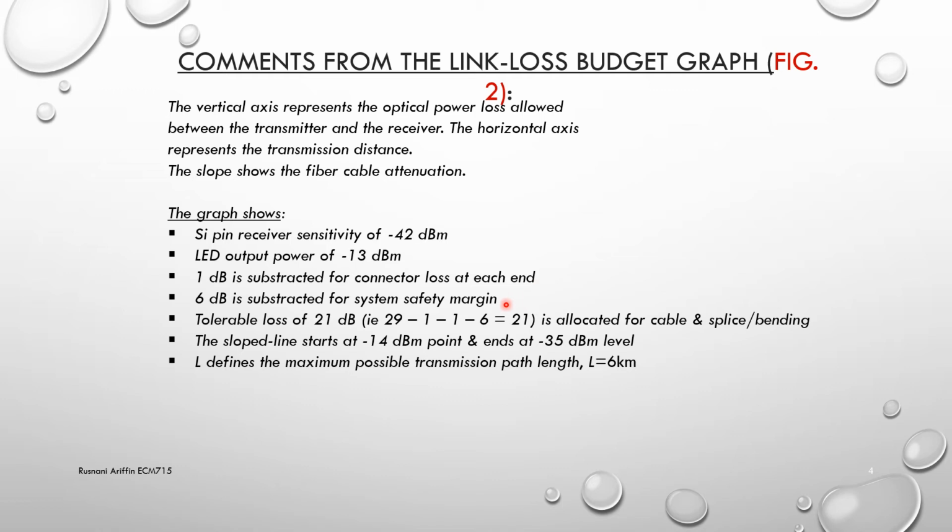We have the safety margin of 6 dB, our tolerable loss of 21 dB, and finally, our maximum possible transmission path length L is 6 km. So our system cannot be more than 6 km, because this is the maximum distance.